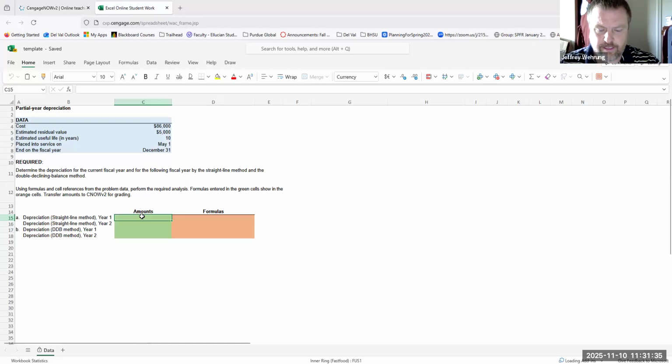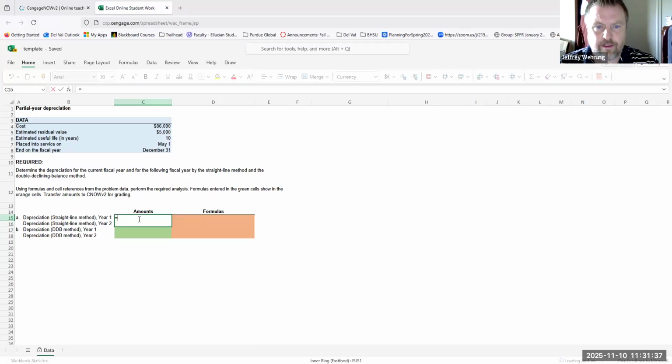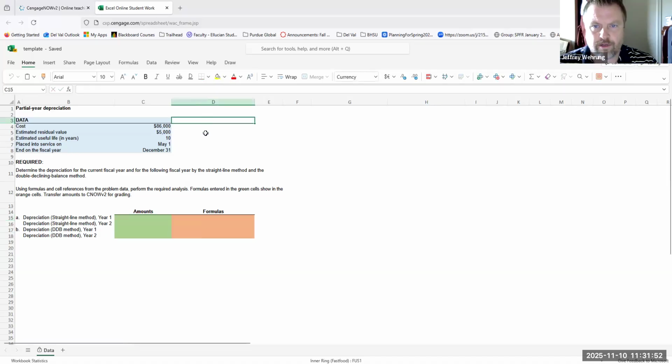So this should be easy. So using the straight line method, right? Normally what we would do is take our total depreciable amount. Oh, really?